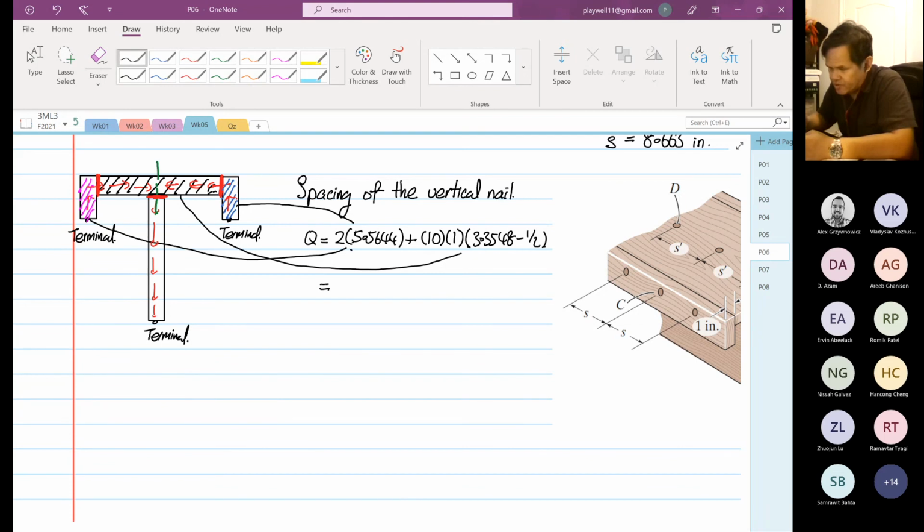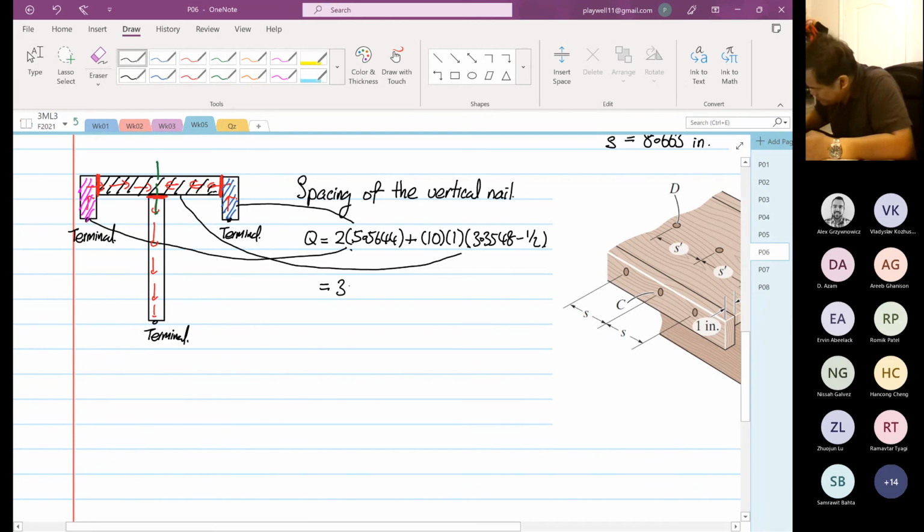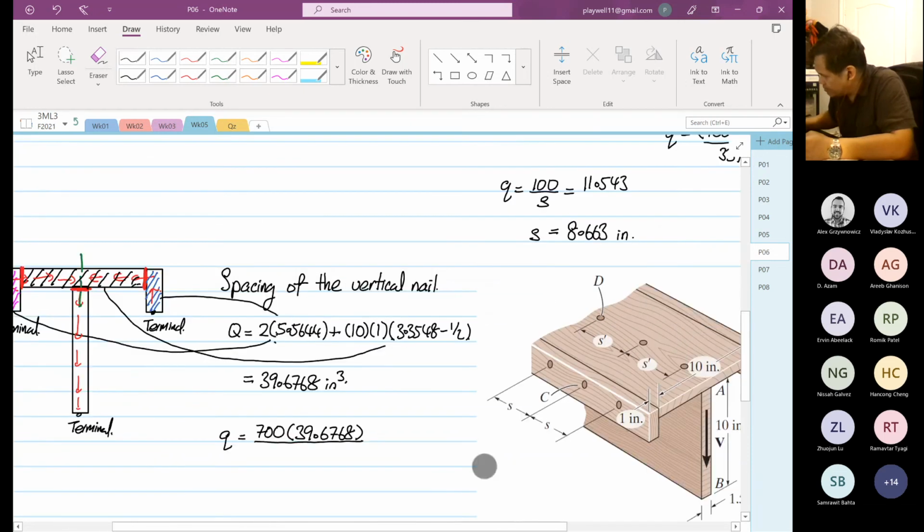I got 39.6768 inches cubed. So the same thing, you calculate q equal to 700 multiplied by 39.6768, then divide by I.